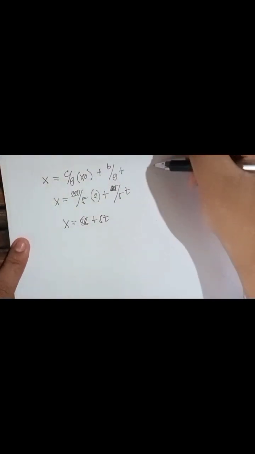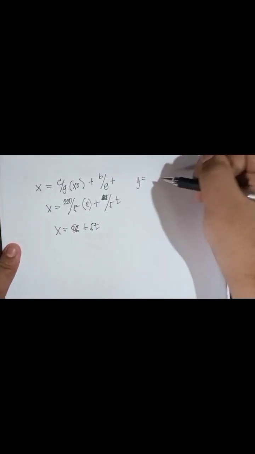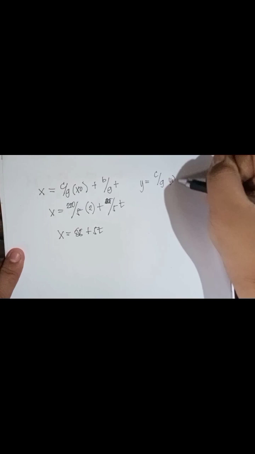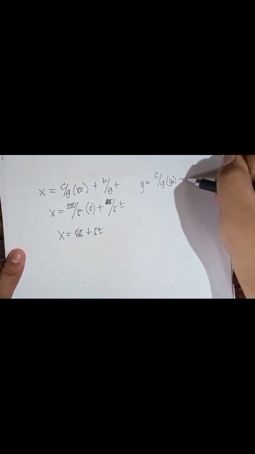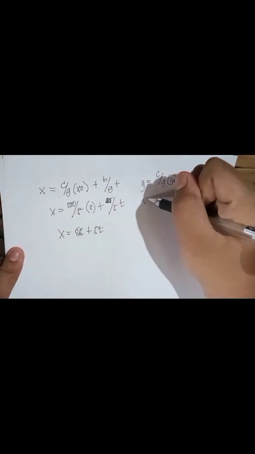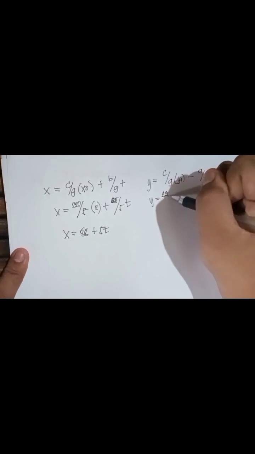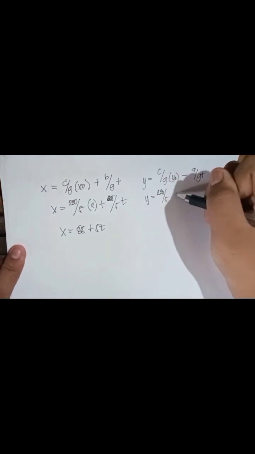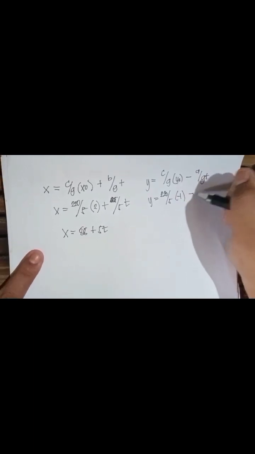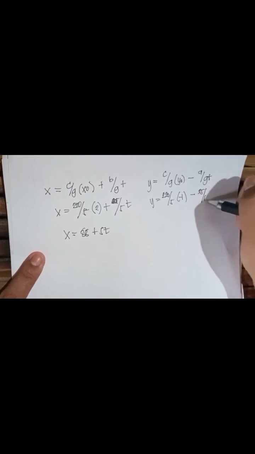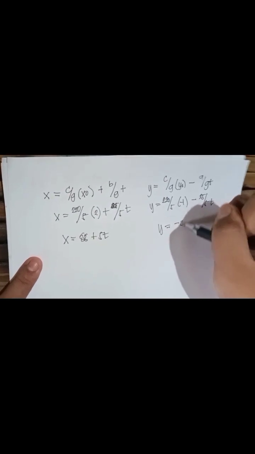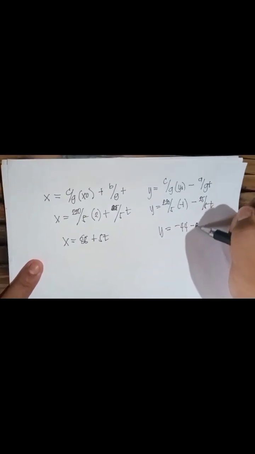Next, let's proceed to the formula of y. y is equal to c divided by g times y sub 0 minus a divided by g times t. Substitute: 220 over 5, the value of y sub 0 is negative 1, minus 25 divided by 5 times t. y is equal to negative 44 minus 3t.